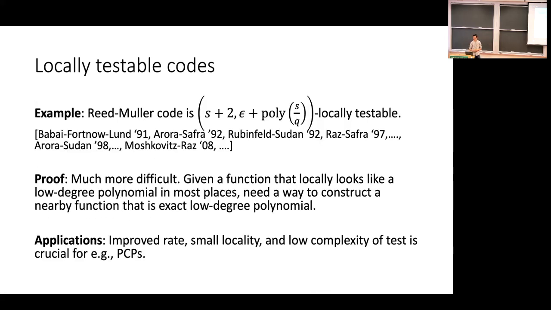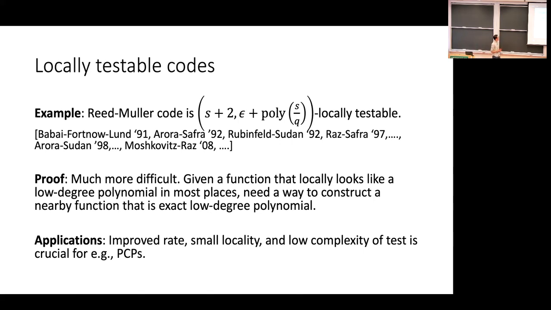Okay, what about the Reed-Muller code? It turns out that it is also locally testable, and the number of locations in the Reed-Muller code that you have to examine depends only on the degree of the polynomial you were using to encode things. There's been a ton of work on this starting from the 90s, and people keep proving new local testability results for the Reed-Muller code and its variants.